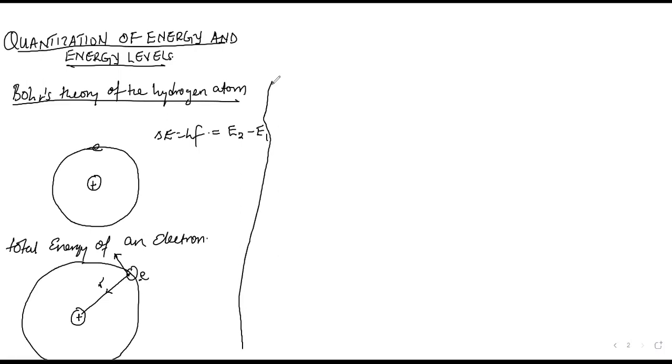So you will discover that this electron experiences an attractive force. But as it keeps rotating, that attractive force provides the centripetal force with which it moves. Those of us who have attended the centripetal classes should know what centripetal force is all about: the force that keeps a body moving in a circular path.